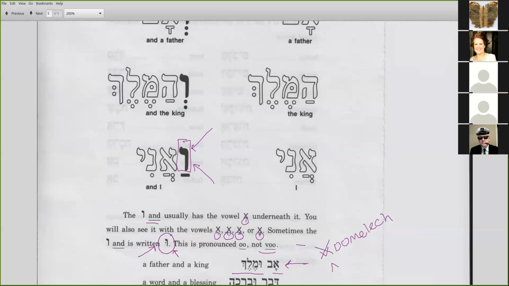That's what they're pointing out. Okay, in every other case, if there's a vav there, a vav in any of these, it's pronounced. But in this isolated case, it loses the V sound and simply goes to oo, whatever's connected to. Okay, does that make sense?